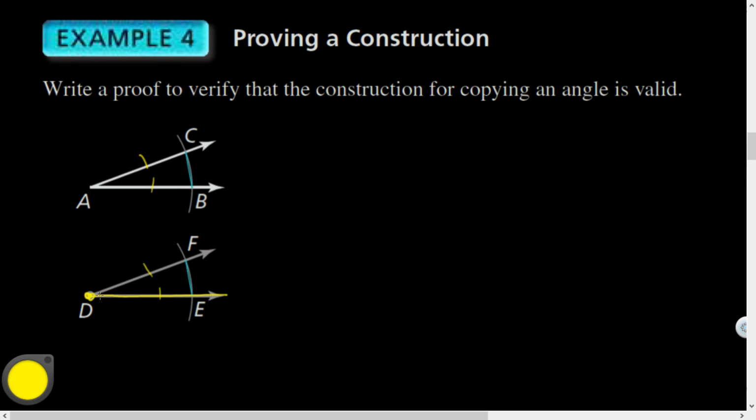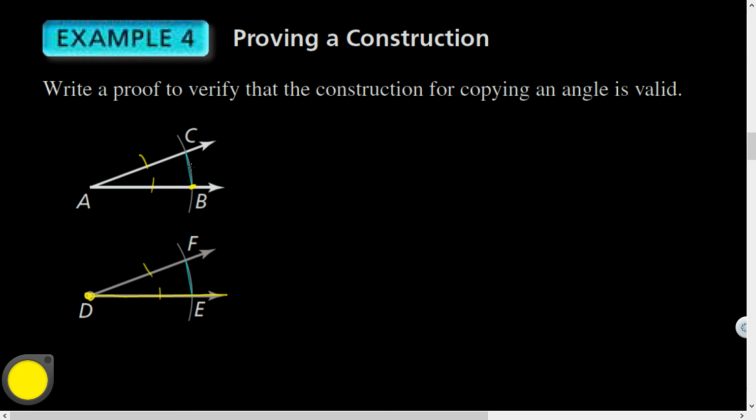But now I've got to figure out where this goes. You guys remember how we would do that? We wouldn't use a protractor. We'd use a compass.